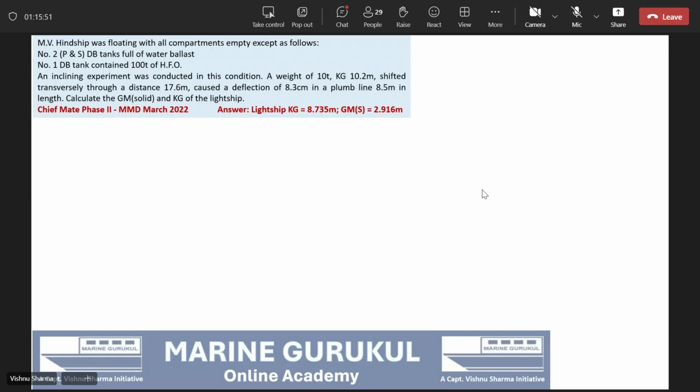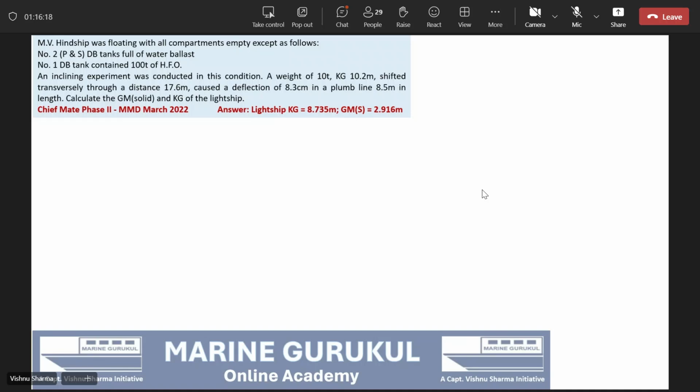A weight of 10 tons, KG 10.2 meters, shifted transversely through a distance of 17.6 meters, caused a deflection of 8.3 centimeters in the plumb line, the length of the pendulum being 8.5 meters. Calculate the GM solid and KG of the light ship. So what the question wants is light ship KG and light ship GM solid.